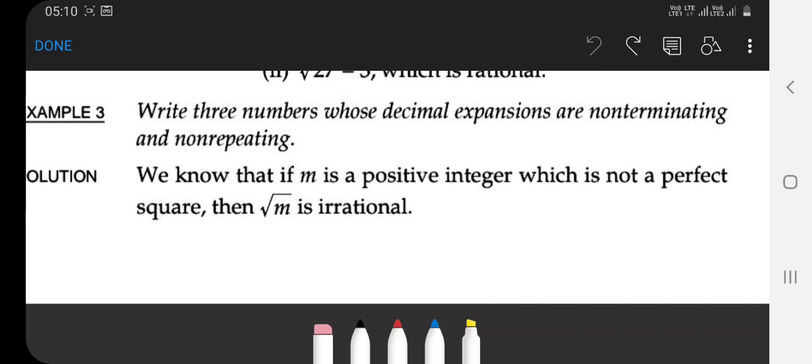Write 3 numbers whose decimal expansions are non-terminating and non-repeating. We know that if m is a positive integer which is not a perfect square, then root over m is an irrational number.